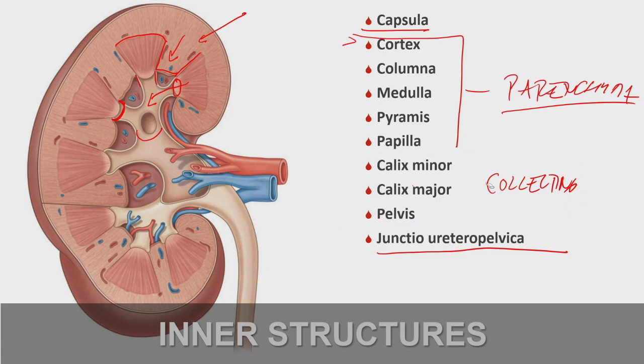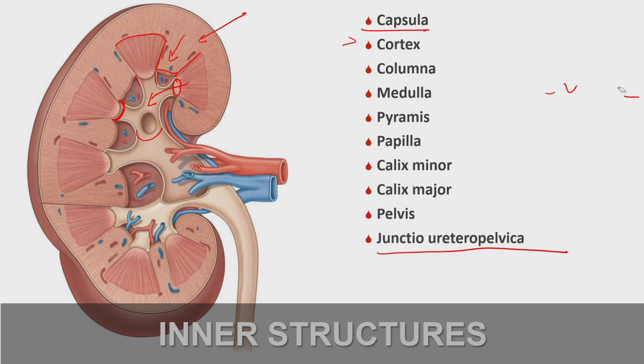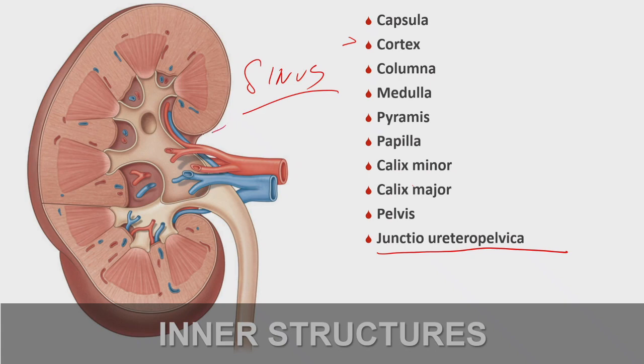I have to note here one important term which is called sinus. Sinus is a space which is inside renal parenchyma. It's something like a free space which is filled by fatty tissue, but it's a bed for pelvis and vessels.